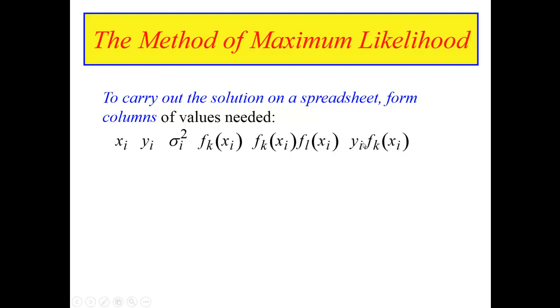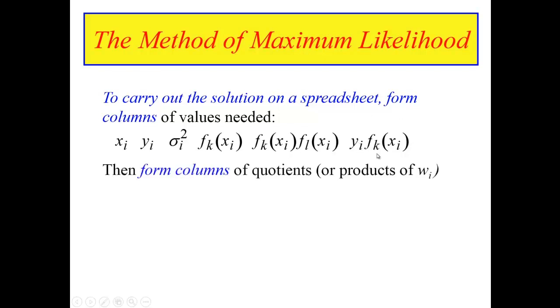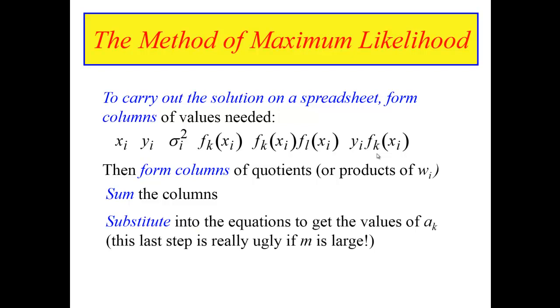And then finally, in order to determine the quantities that are on the left-hand side of our equation, we'd have the product of y sub i times those individual f values. So these form columns of quotients or products of the weights. We would sum the columns, substitute into the equations to get the values of a sub k.